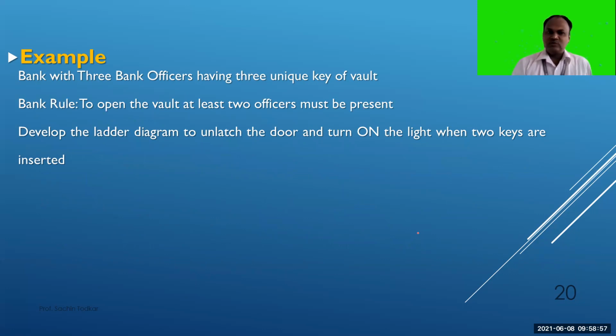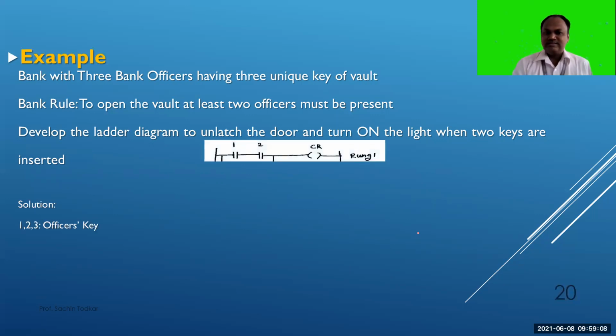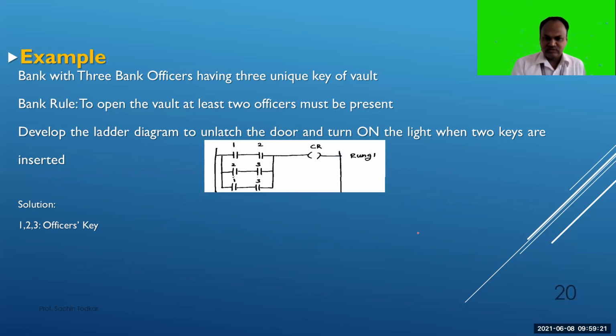Now what we are going to show is that officer number 1, officer number 2 and officer number 3 will have 3 unique keys. These keys we are going to write like this. Now we have taken here 1 or 2, 2 or 3, or 1 or 3.